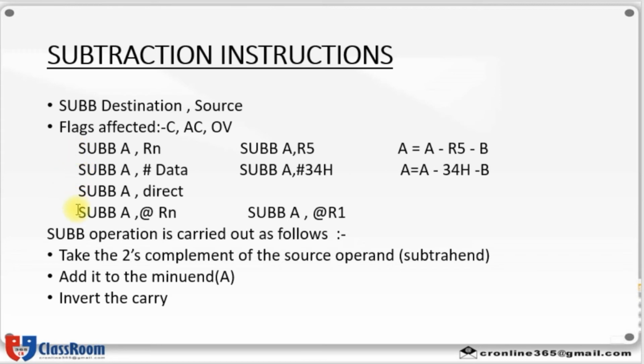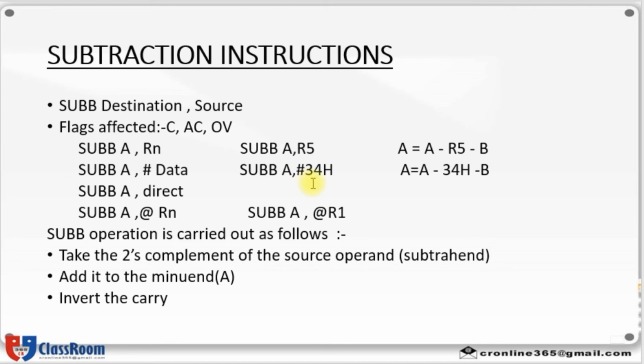Subtraction instructions can also be performed in 4 addressing modes. For example, in register addressing mode, SUBB A, Rn, such as SUBB A, R5. That means the accumulator will have the result of accumulator minus the contents of register R5 minus borrow. SUBB A, #data comes under immediate addressing mode.